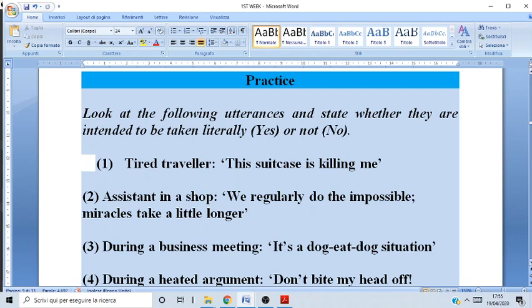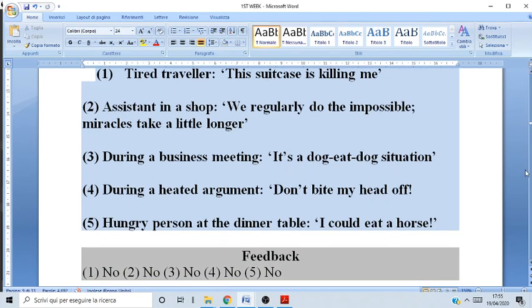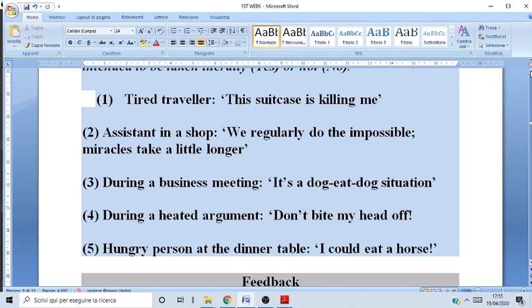Look at the following sentences and state whether they are intended to be taken literally or not. A tired traveler says, "This suitcase is killing me." Or an assistant in a shop, "We regularly do the impossible. Miracles take a little longer." Or during a business meeting, "It's a dog-eat-dog situation."